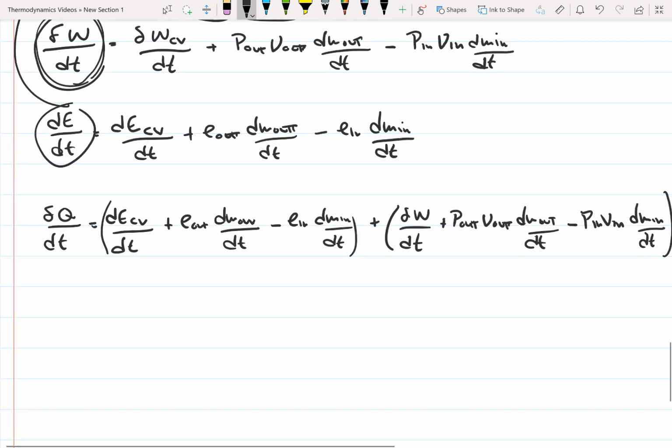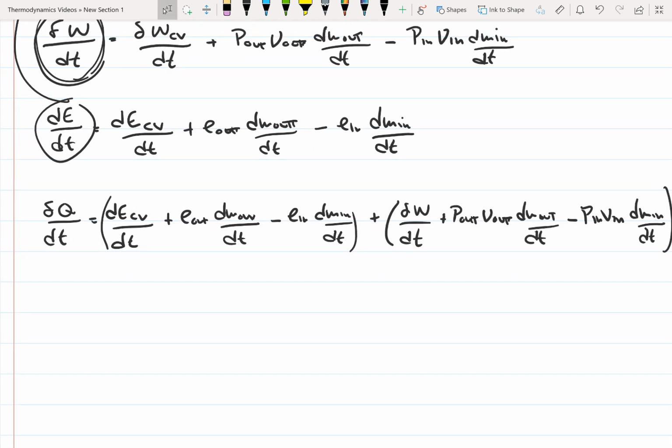I want to rearrange this and just group some terms together. So I want to group the energy in and energy out with the PV, and so what I'm going to get is dQ/dt is equal to, I'm going to actually rearrange sides too.